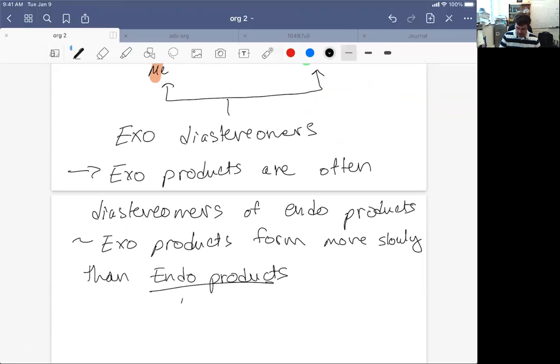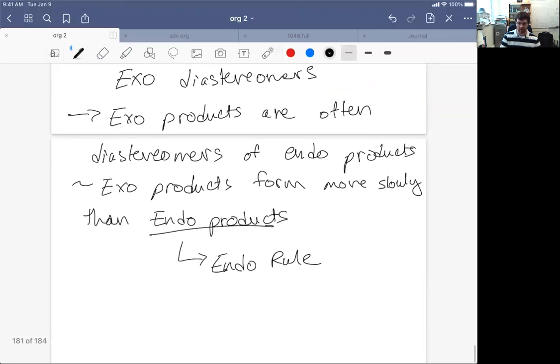That's the nature of the endo rule. Said another way, the endo products form more quickly. Now we're talking about speed, slow and fast forming products. That has to do with kinetics.